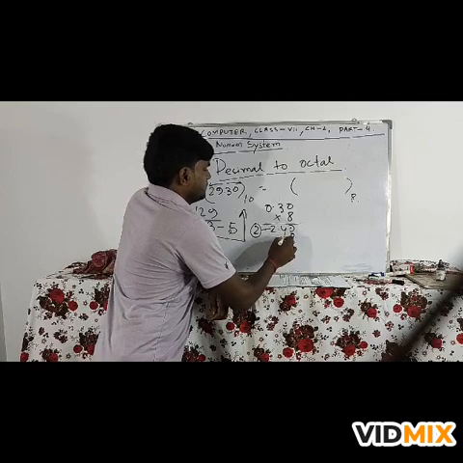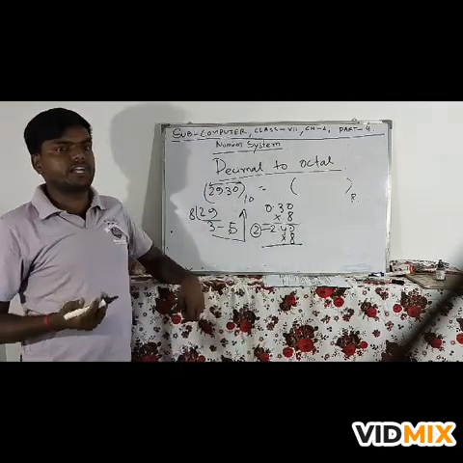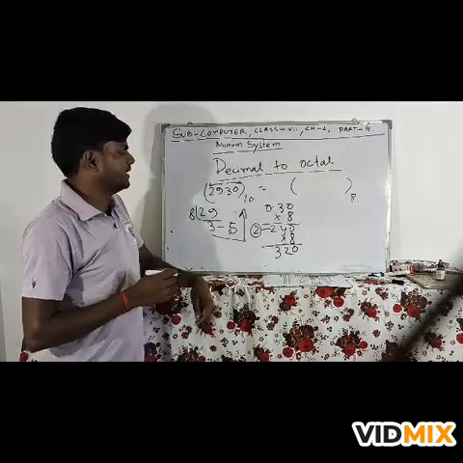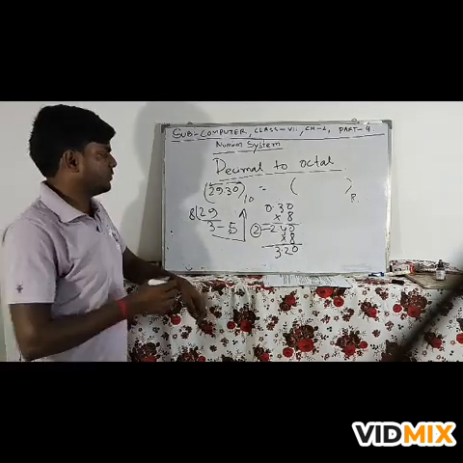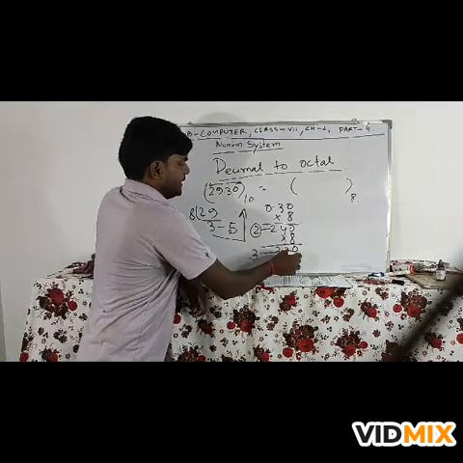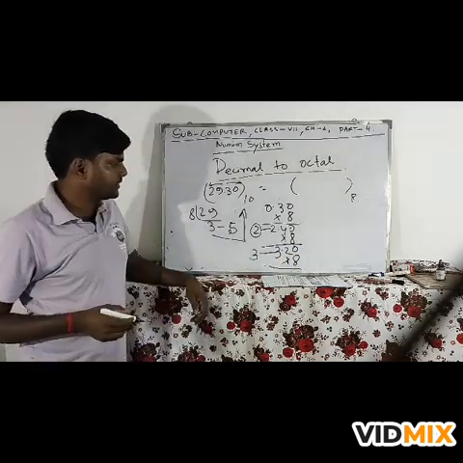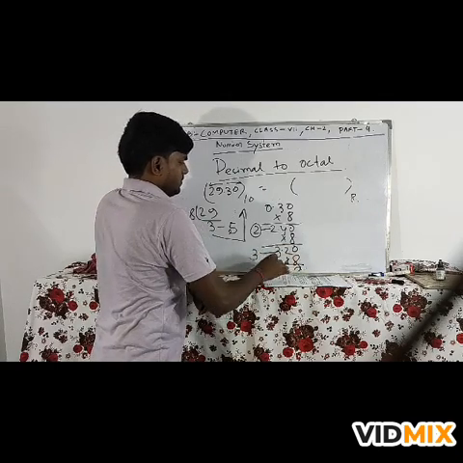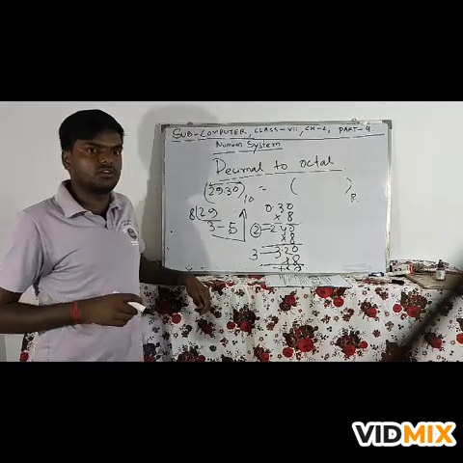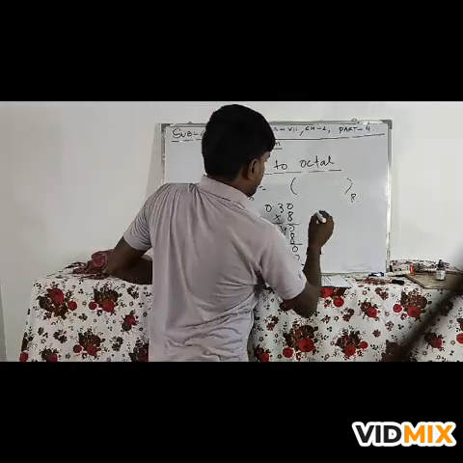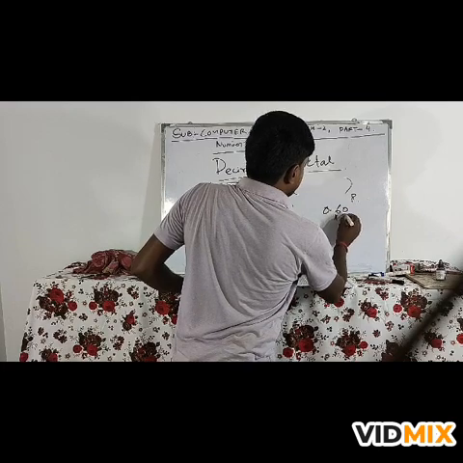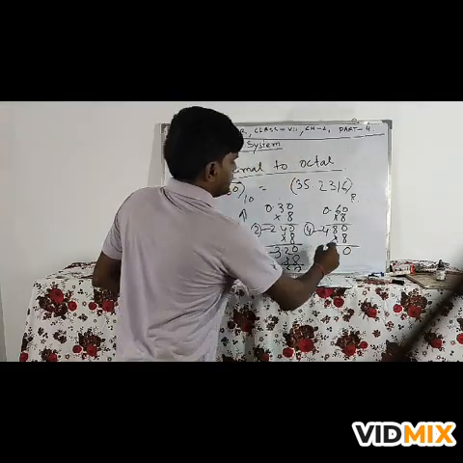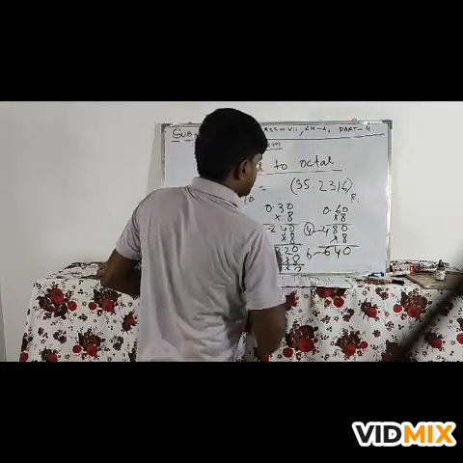Again multiplied by 8, we get 3.20, so 3 is the answer. Again multiplied by 8, we get 1.60, so 1. Then 0.60 multiplied by 8 gives 4.8, and so on.